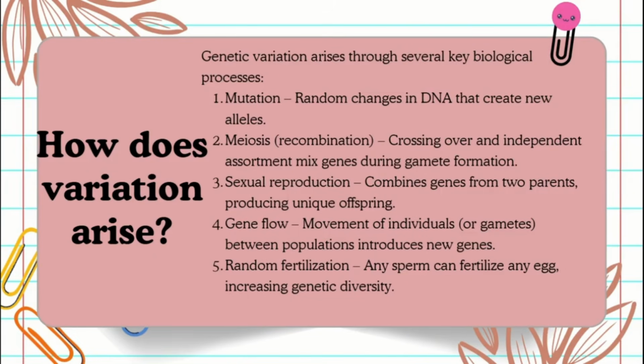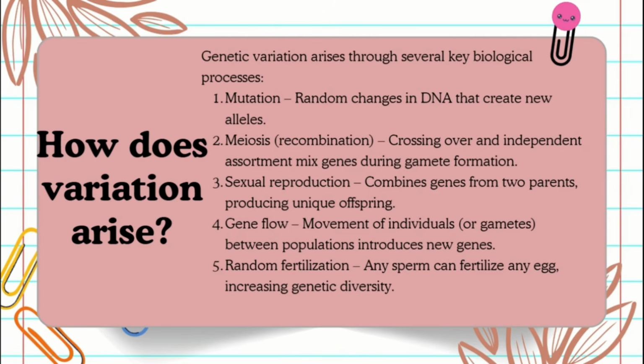One of the nucleotides can be swapped out and everything stays normal. And then in some cases it can be swapped out and it causes a lot of problems, right? So genetic variation does come from mutation.